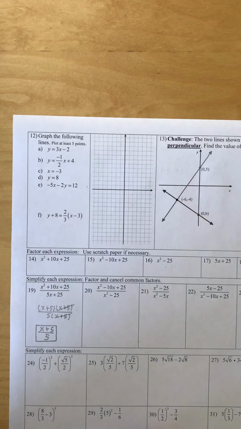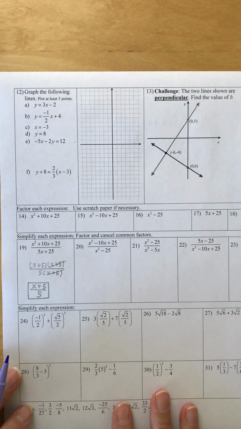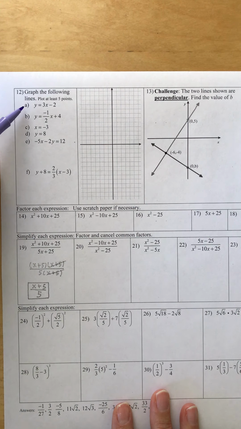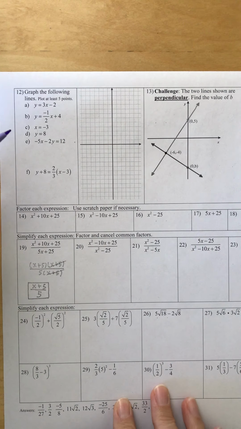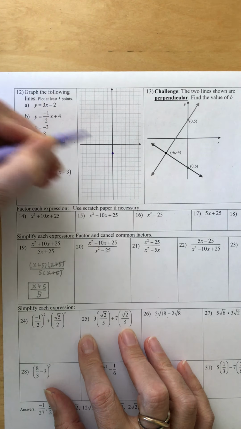Okay, moving on to number 12. Graph the lines y equals 3x minus 2, y equals negative 1/2 x plus 4, x equals negative 3. So let's go ahead and just review the first one.